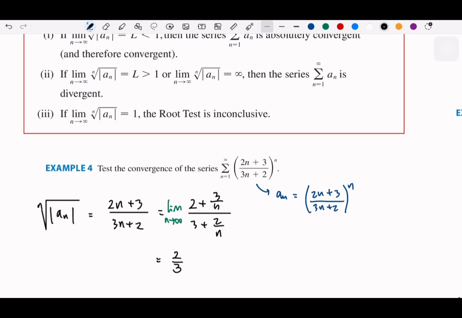And since it's less than 1, the series is absolutely convergent by the root test.